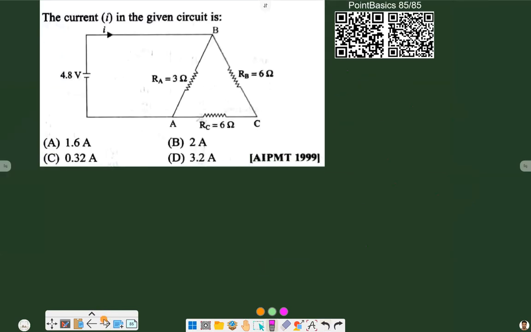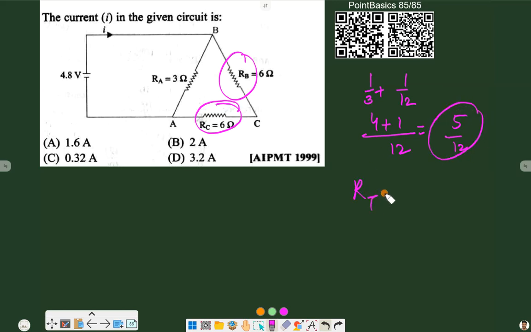Now moving to the last one, the current we have to find out. And as we can see, this resistance and this are in series, sorry. So 6 plus 6, 12, in parallel with 3. So 1 by 3 plus 1 by 12, that is 4 plus 1, 5 by 12, so total resistance will be 12 by 5.